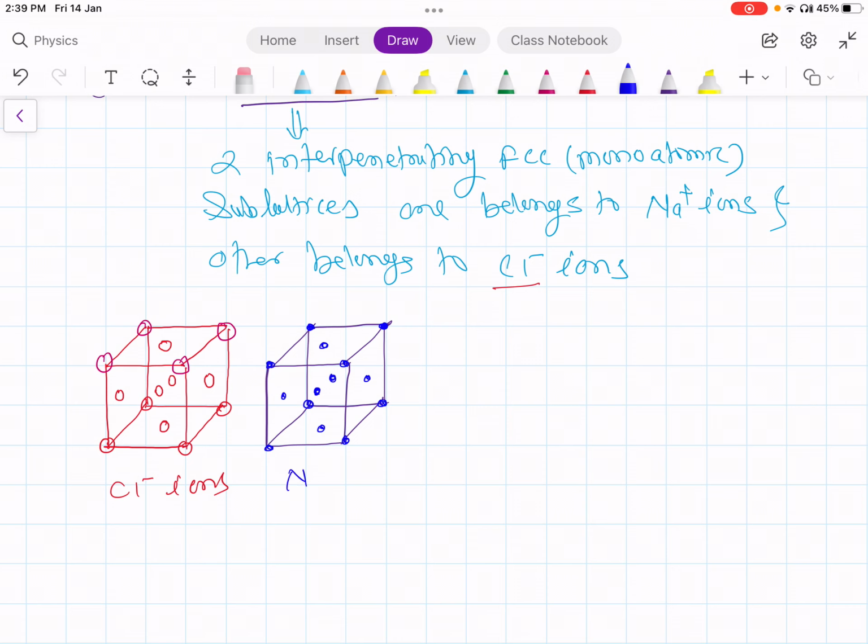So this is the unit cell of sodium ions. This is the unit cell in the chlorine sublattice, and this is the unit cell in the sodium ion sublattice. These two sublattices are interpenetrating into each other.